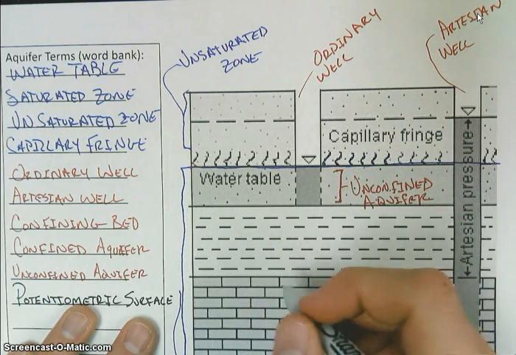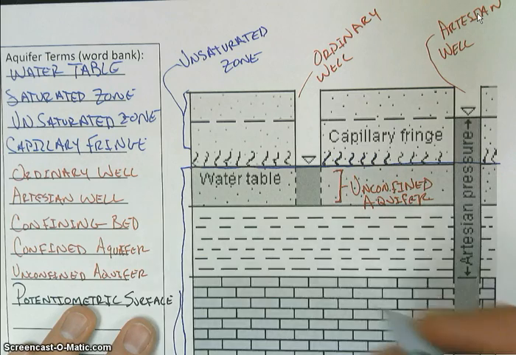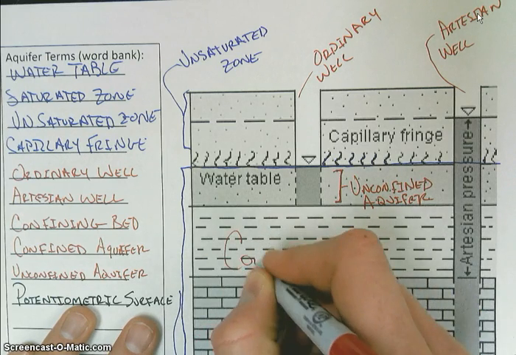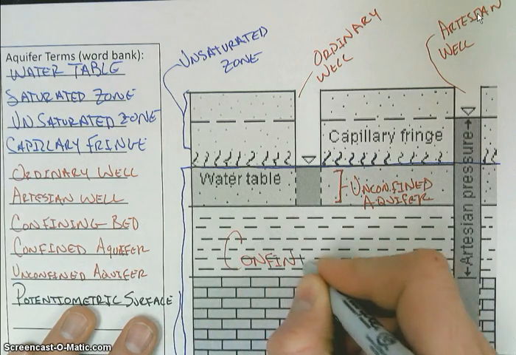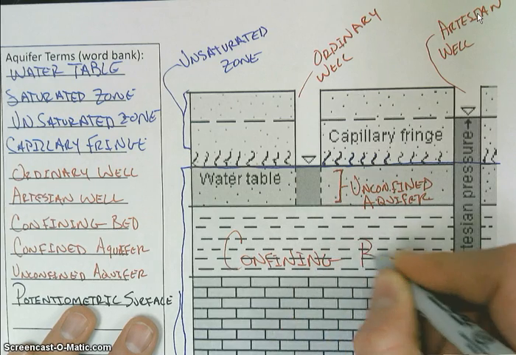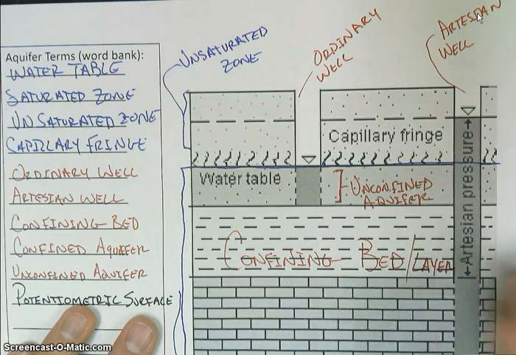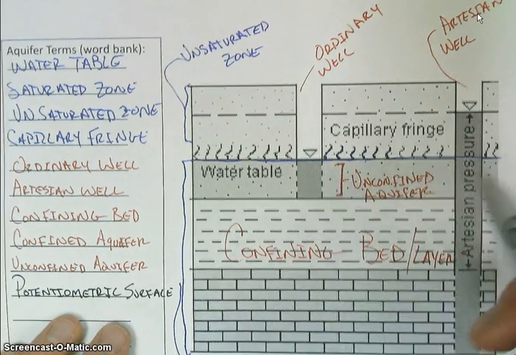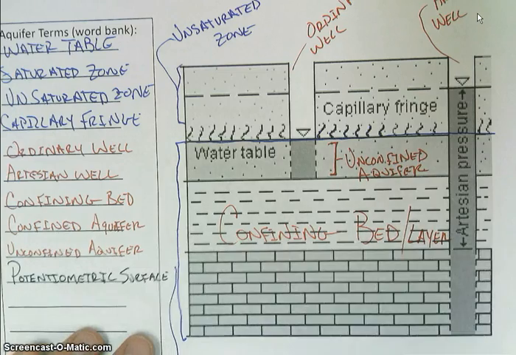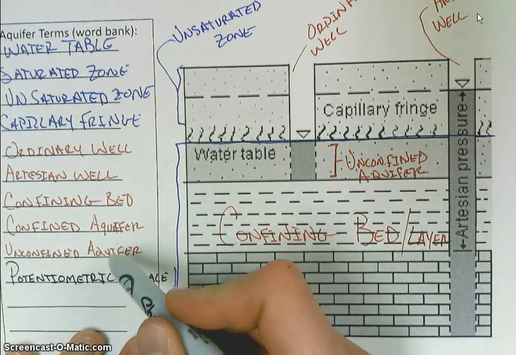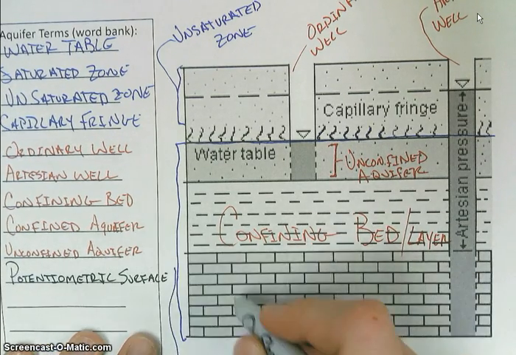This is a layer of low permeability, low porosity. It doesn't transmit water well, so this is a confining bed, or sometimes we call it a layer as well. And the confining bed or the confining layer always sits atop the confined aquifer, this here.